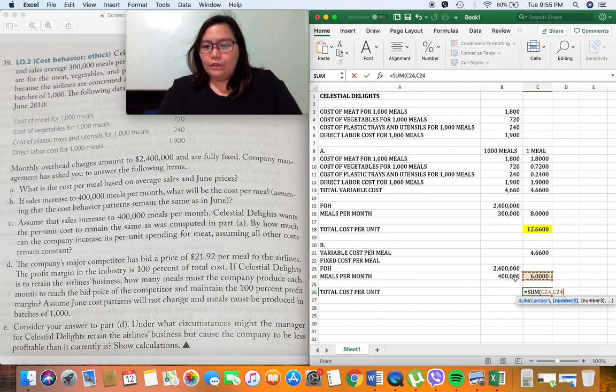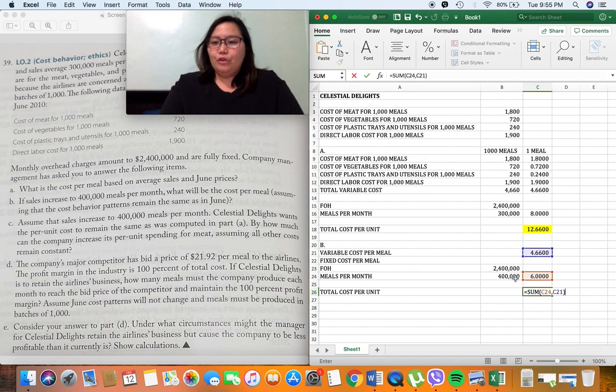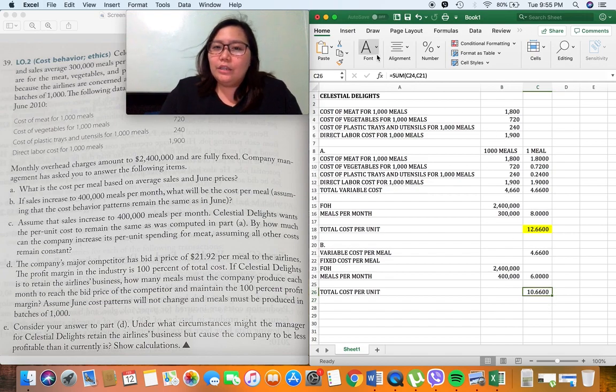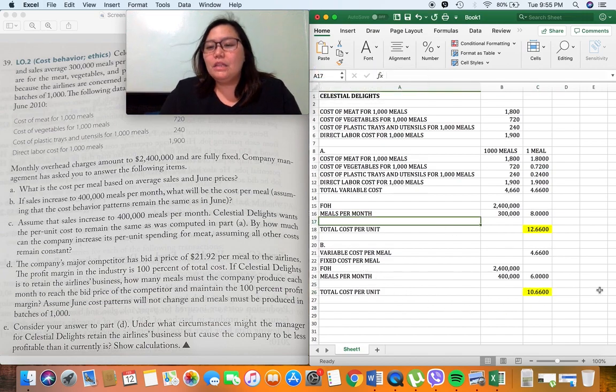We have 6 pesos plus 4.6 pesos, we will get 10.6. So, observe that the total cost per meal decreases by 2 pesos because of the increase in the number of meals prepared per month.